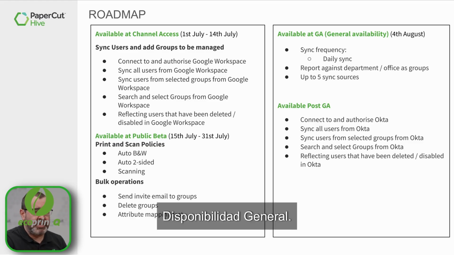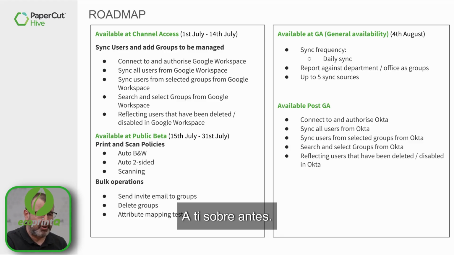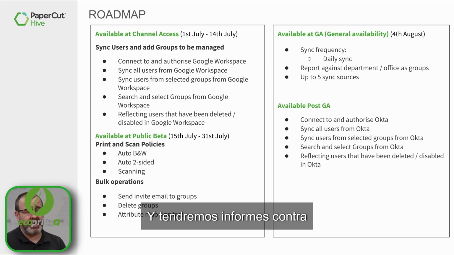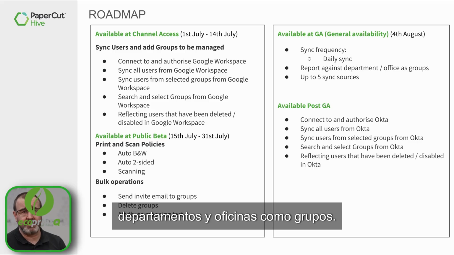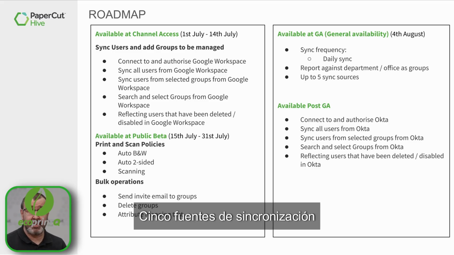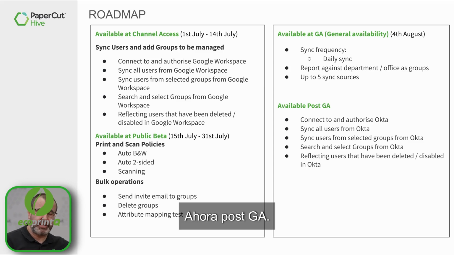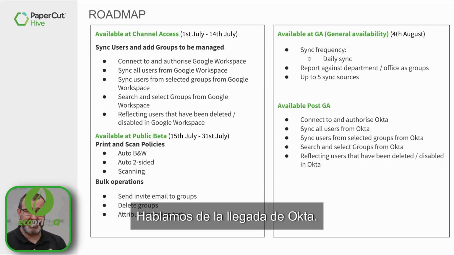General availability, we'll have the daily sync, as I was talking to you about before, and we'll have reporting against departments and offices as groups. And we'll have the ability to have up to 5 sync sources available to be utilised in the product. Now, post-GA, we talked about Okta coming.